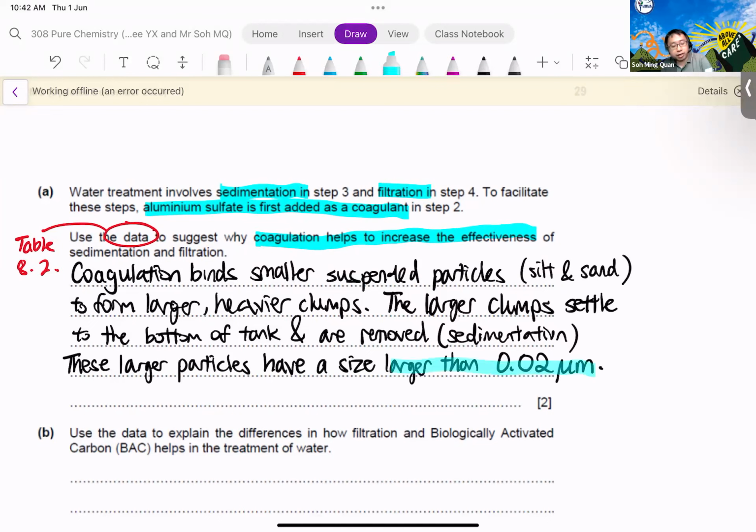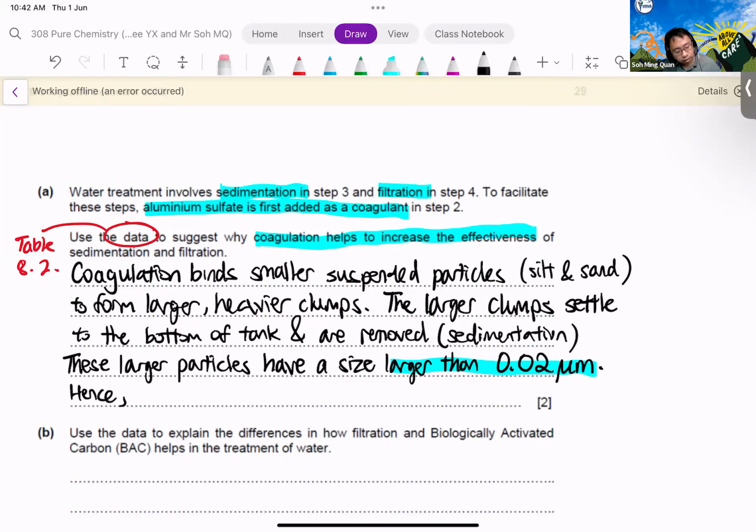Where on earth do I get this number from? I got this number also from Table 8.2 under filtration. You are told the filter membrane removes particles smaller than 0.02 micrometers. So because these are larger clumps, they are going to be larger than 0.02 micrometers.